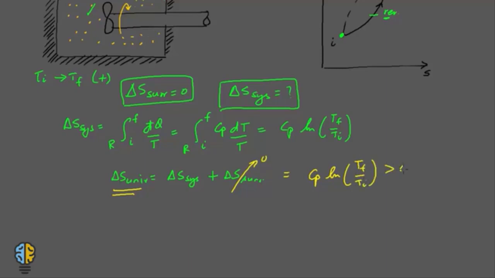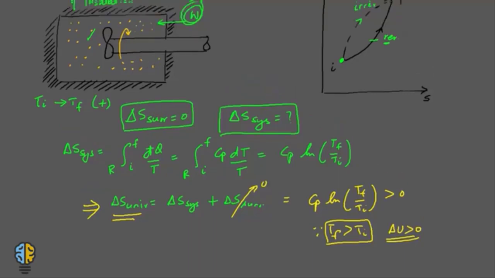This is a positive value because the final temperature is greater than the initial temperature, as there is a rise in the internal energy of the system. So this also brings about an increase in the entropy of the universe by performing an irreversible process.